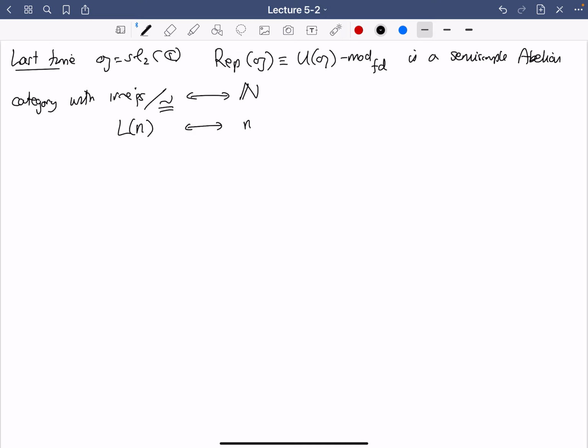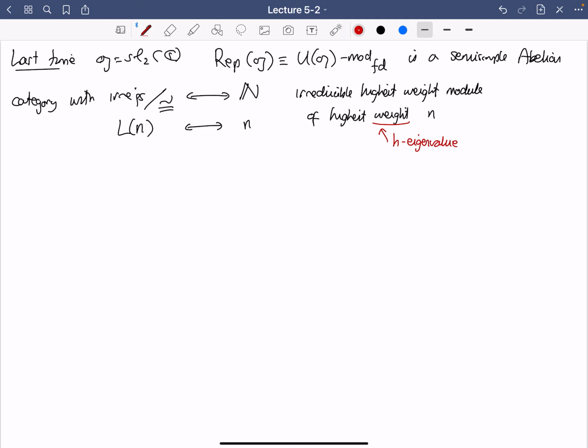And so we'd seen how this was the irreducible highest weight module of highest weight n. So you remember weight meant the same thing as h eigenvalue. So H was this distinguished diagonal matrix in our Lie algebra G.